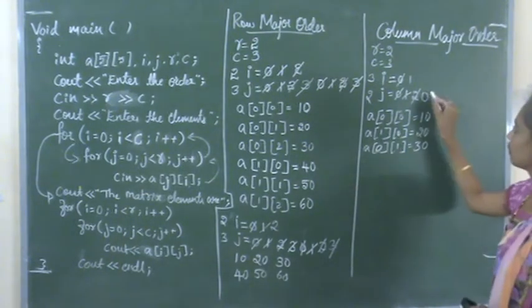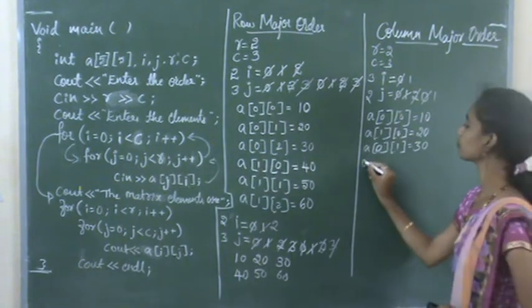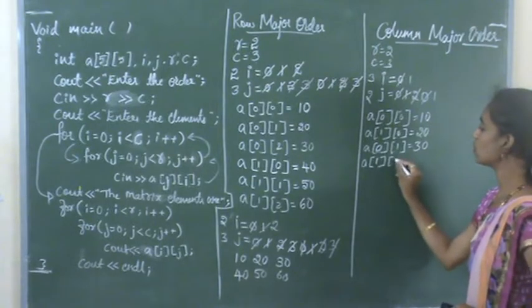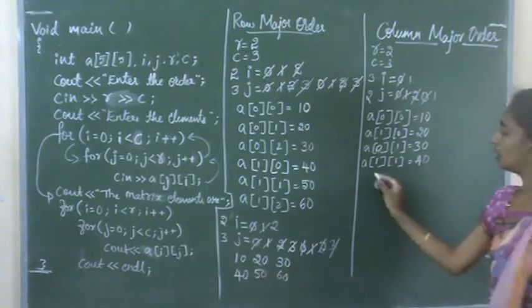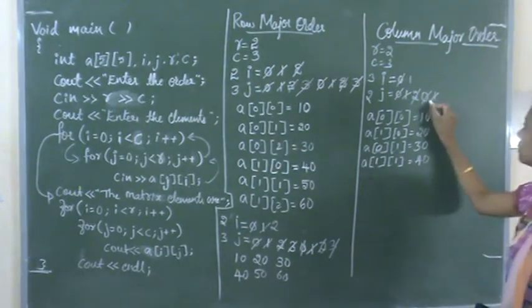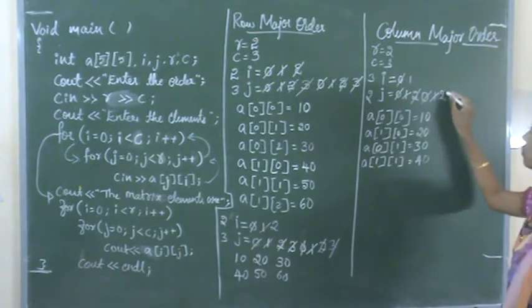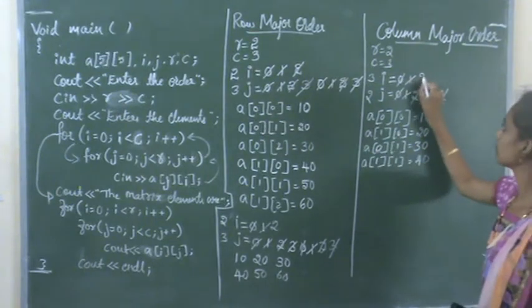So again the for loop will be repeated, right? So J value incremented, A of J is 1, I value is also 1. So now I enter some value at this index. Again the for loop will be repeated. It increments the value to 2. So 2 less than 2 false. It will go back to the for loop and increment the I value.